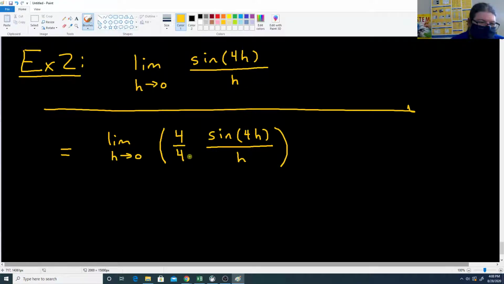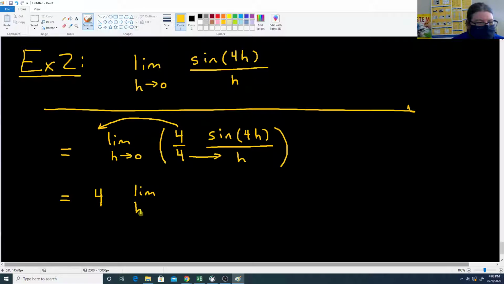What I can do then is pair the 4 up with the h down here. And this other 4 is a constant, and we're able to push constants out front of the limit by those basic limit laws back in section 2.3. So this top 4 is out front.